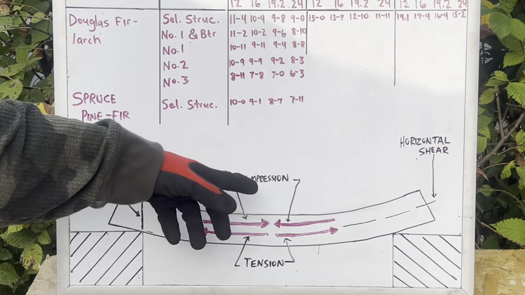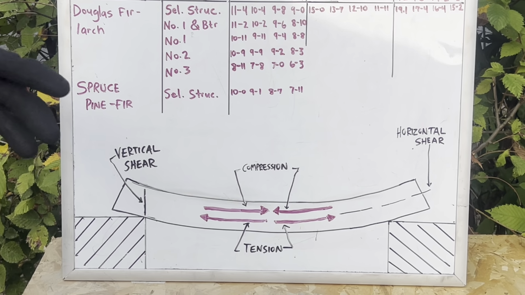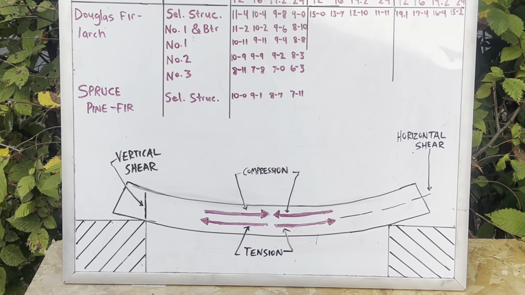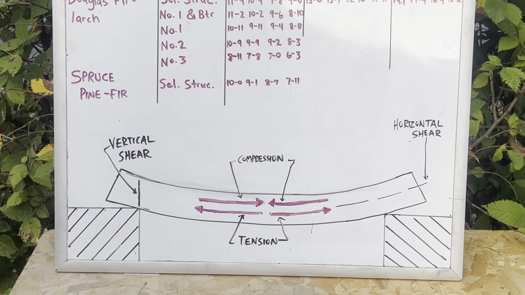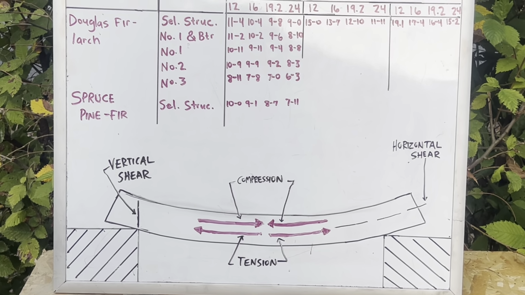Shear is where you get this sliding force. Look at this vertical shear right here. So these forces are basically affecting your joist. So that's why there's an allowable span. You got to make sure that you're within those guidelines.